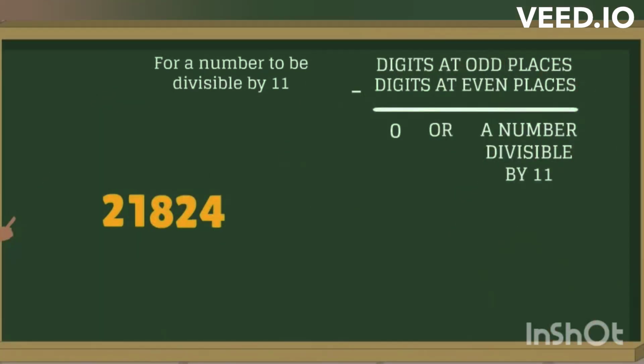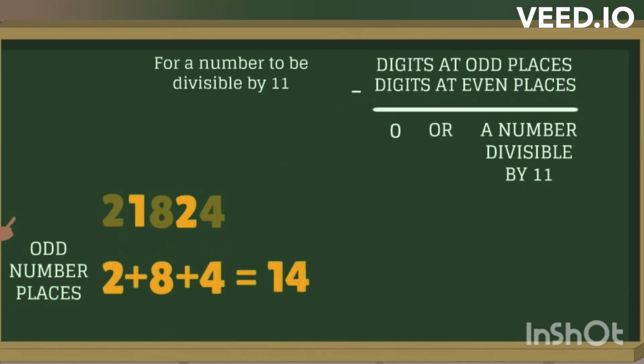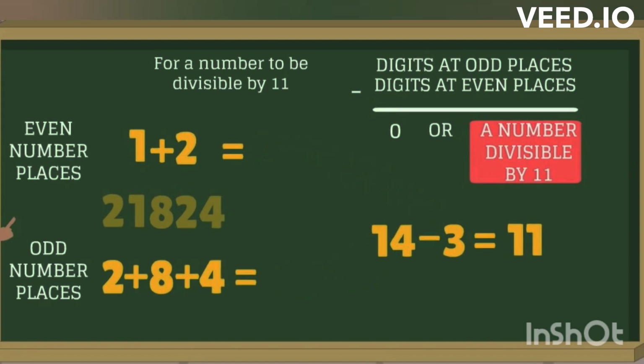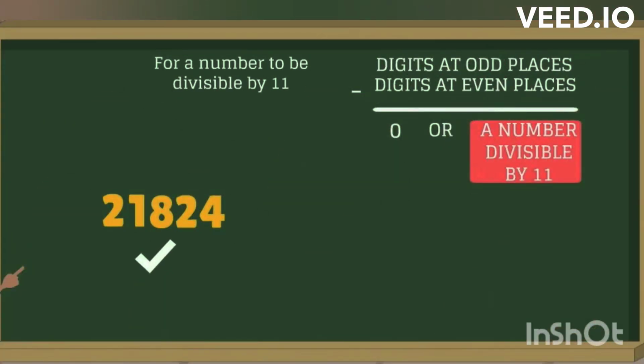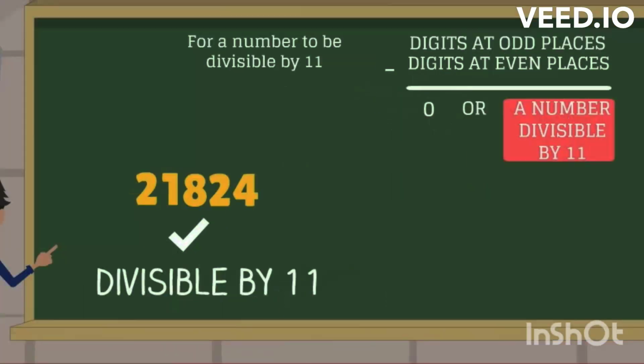Also, 21,824: the sum of the digits at the odd number places is 14 and the even place value digits add up to 3. The difference is 11. So the number 21,824 is divisible by 11.